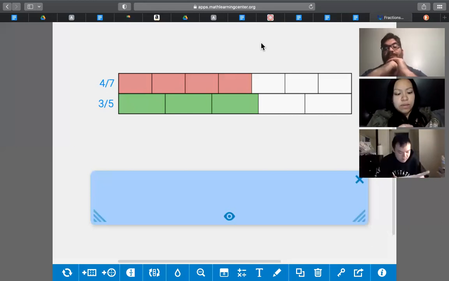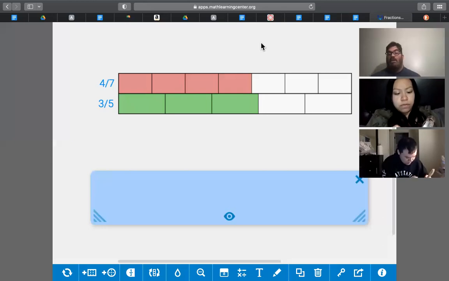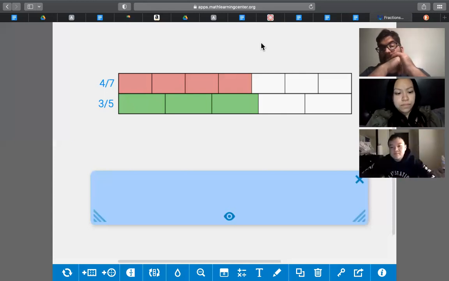We have to times the 3 by 7 and times the 5 by 7. Okay, and what do you end up with? 21 over 35. So now what is our denominator with these new problems? 35. Excellent job.